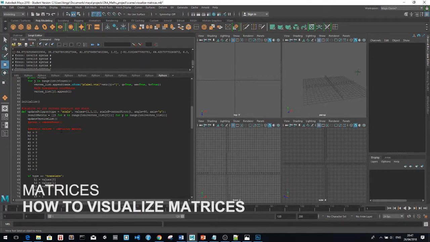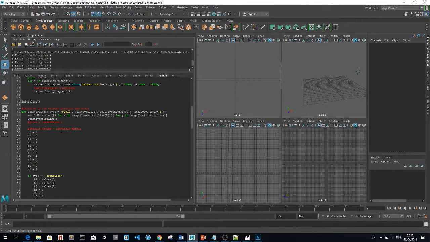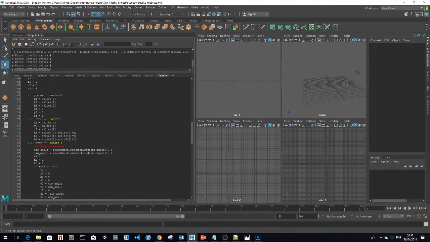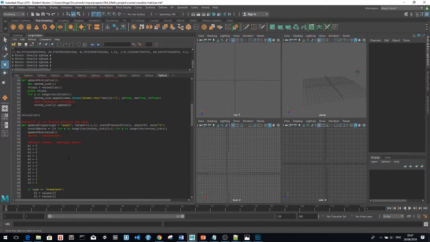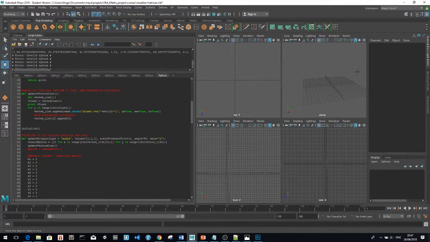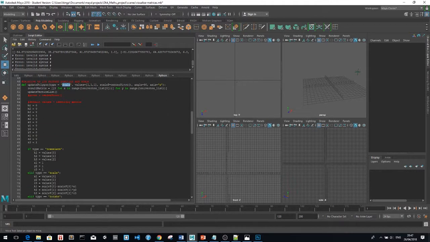As a demonstration on visualizing matrices, I've set up a function here called update polygon, and it contains a transform matrix. The variables in here pertain to x, y, and z and the homogeneous coordinates, and values will get passed into the function, and depending on the type of transformation, they can change.